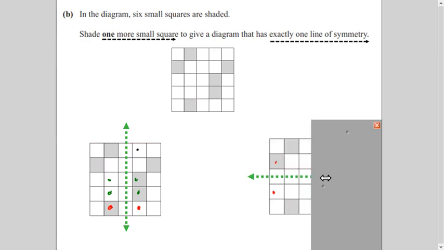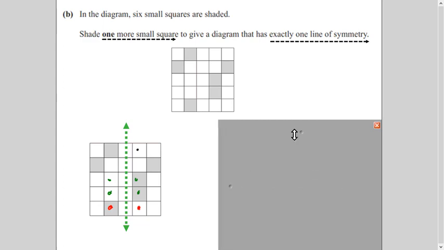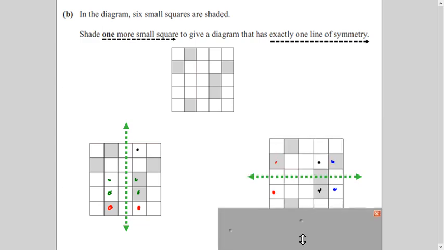So let's see this one. Now I have drawn the line here because it is a square. So how many options do I have? 1, 2, 3, 4. I can draw 4 lines of symmetry. I will see which one will help me get only one square shaded so that it becomes a line of symmetry. So this is out. Now this line of symmetry.